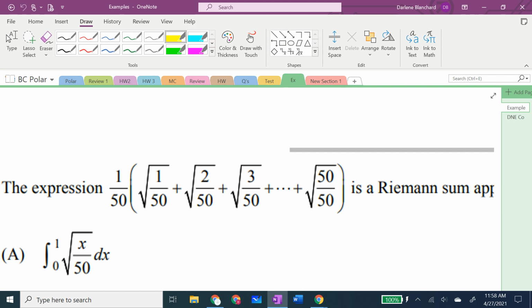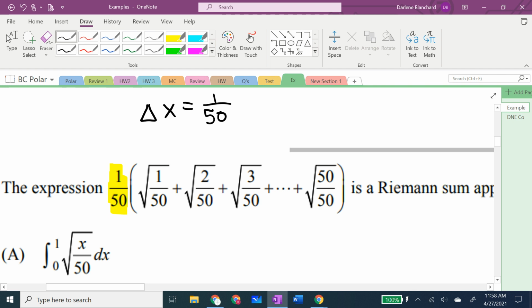Now, I don't see an n, but the way this particular one is written, they aren't giving you any of the variables. You're having to figure out what they chose for their variables. But I do know, based on what's here, that for sure my delta x is 1 over 50. That I have no doubt of when I look at this.